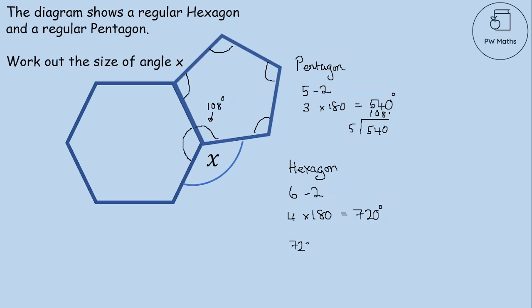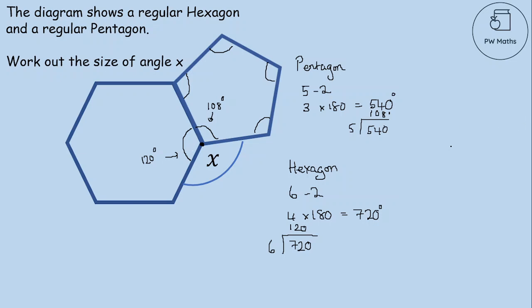So splitting my 720 degrees evenly between the angles will give me 120 degrees. This inside angle, 120 degrees. You might also note that all of the angles that we've now got are around this point here.